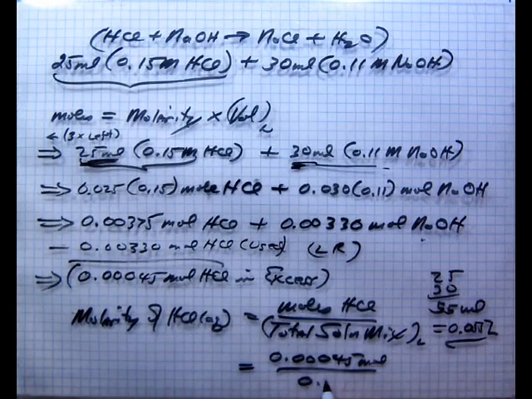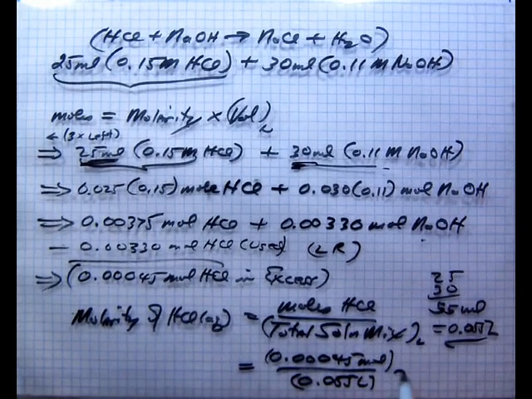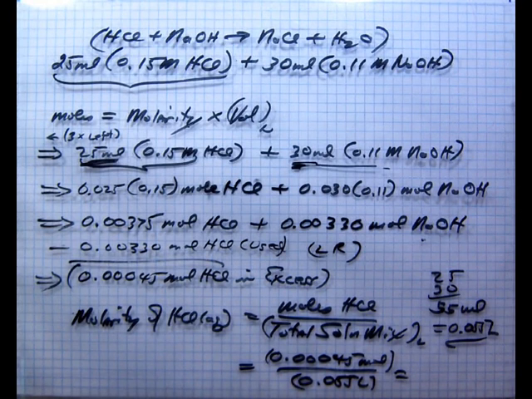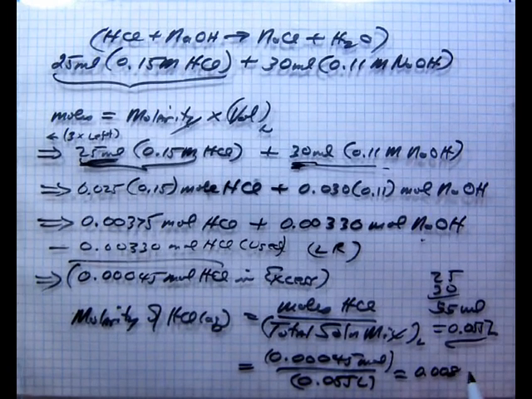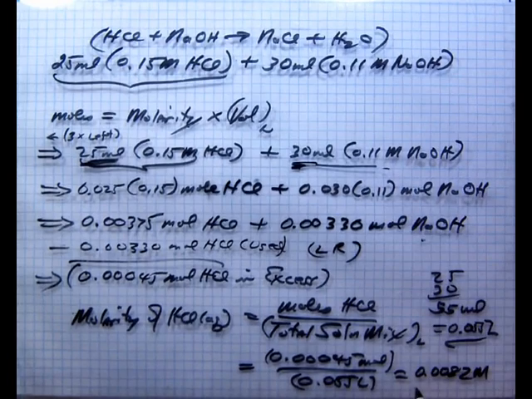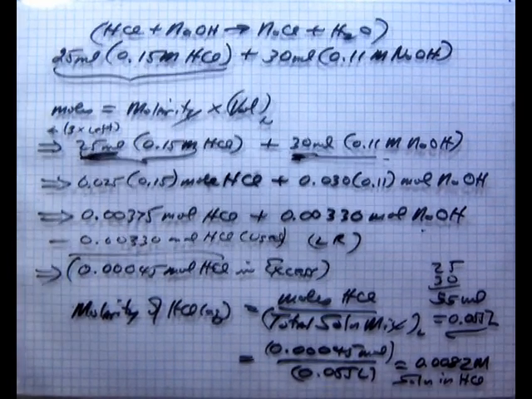So 0.055 liters, see that's moles per liter now. And so after you do the mix, you'll have an acid molarity, a 0.0082 molar solution in HCl.